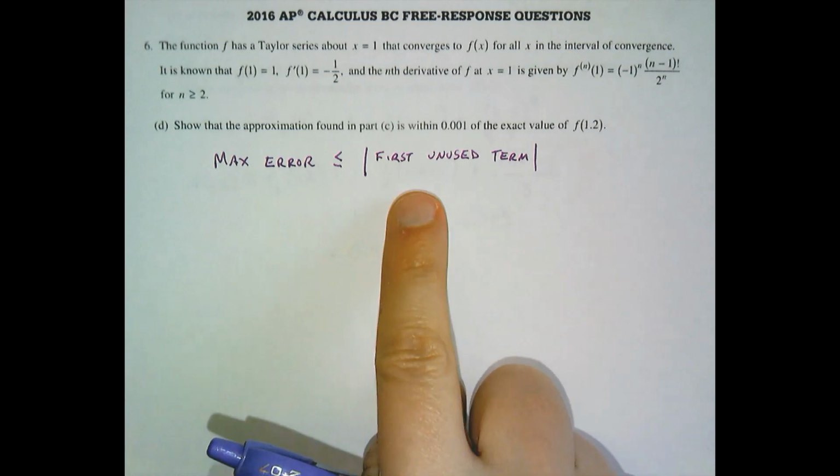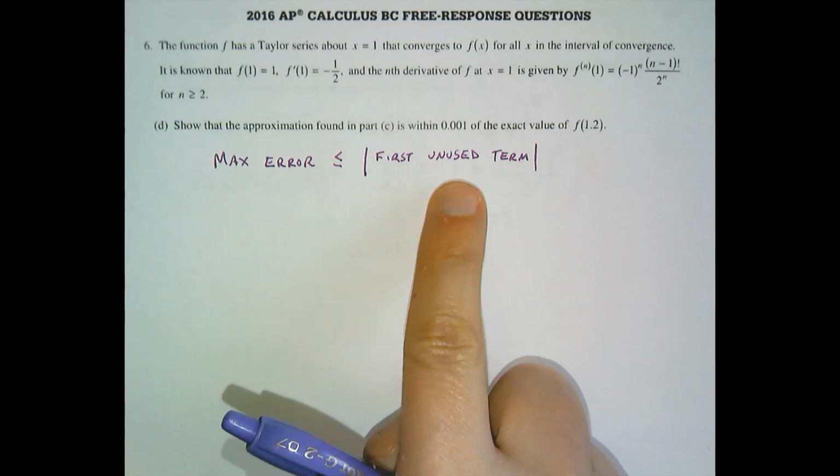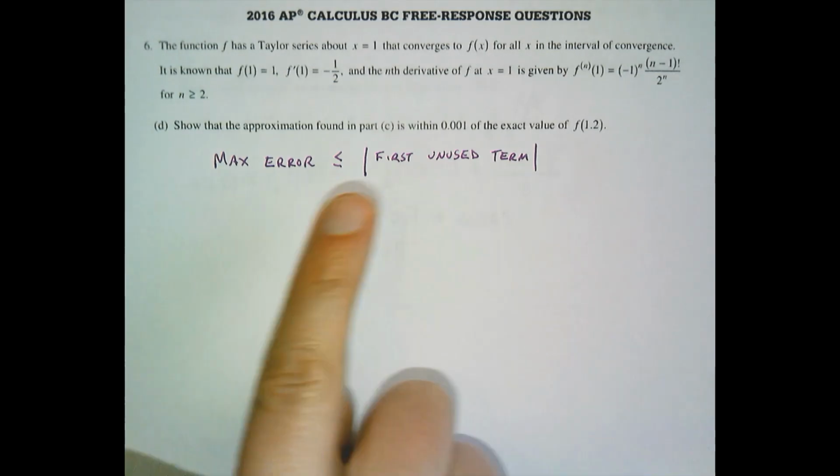So what we want to do is consider that we've used 3 terms, and the first unused term would be the 4th term of our Taylor polynomial.